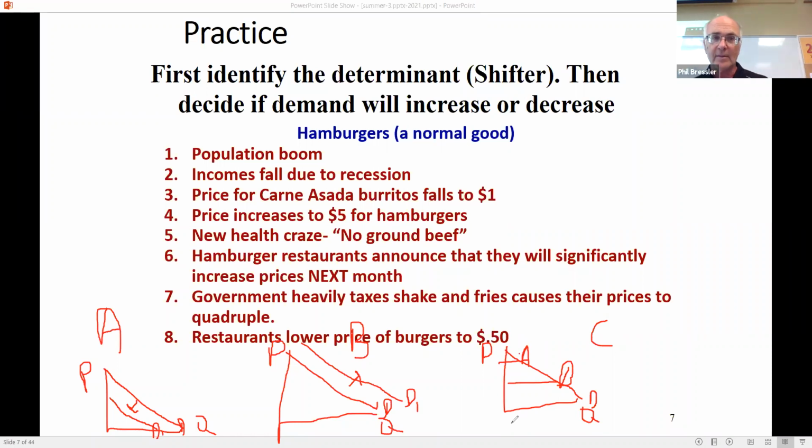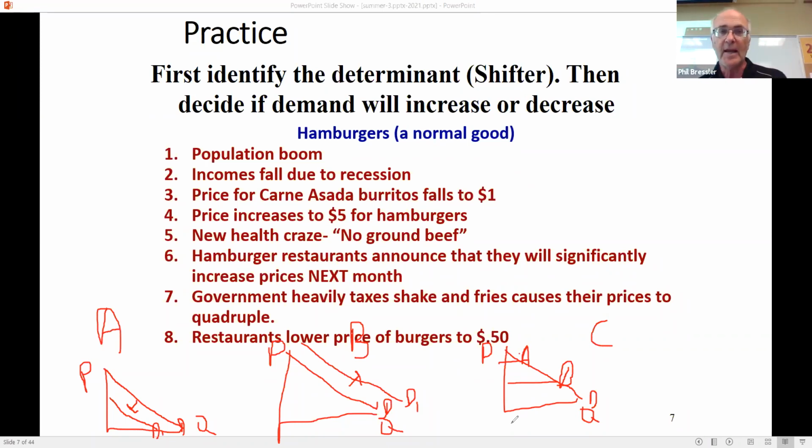Aiden, what would happen for number 3? Would the demand increase? Okay, why? Because the price of carne asada falls. All right, so if the price of burritos falls, Aiden, are people going to be buying more or less burritos? More, so it actually would decrease. Yeah, so demand would decrease.